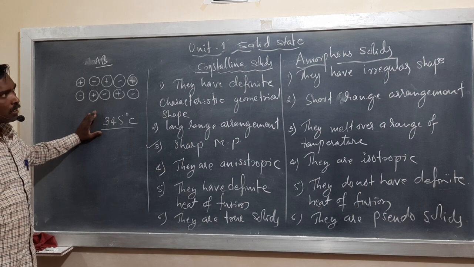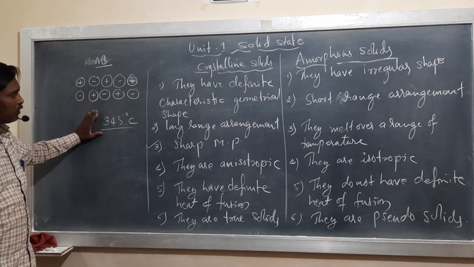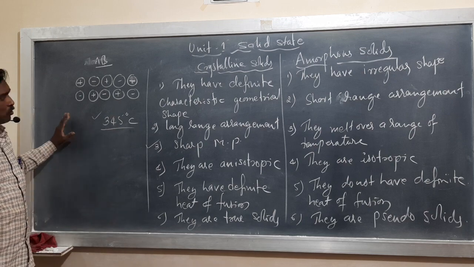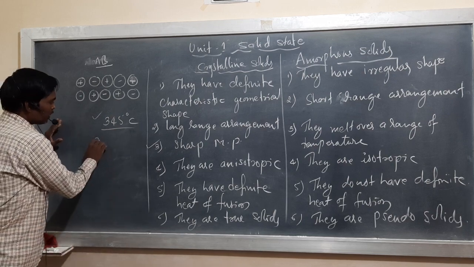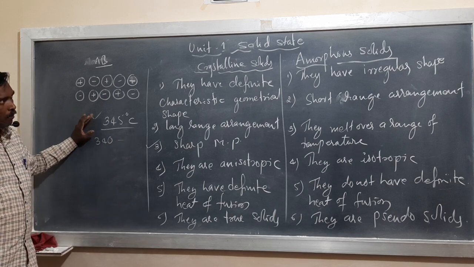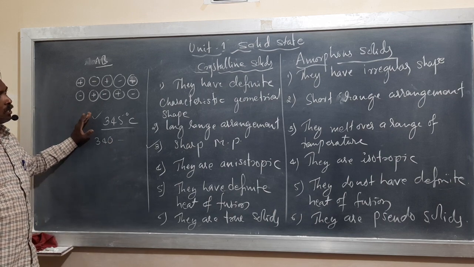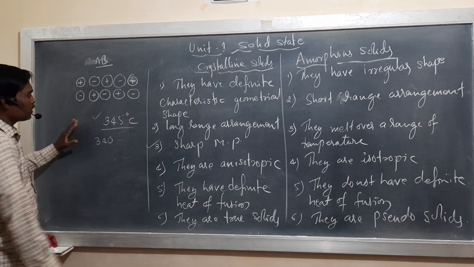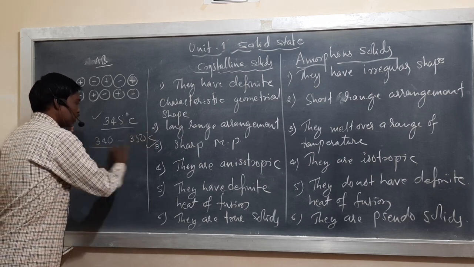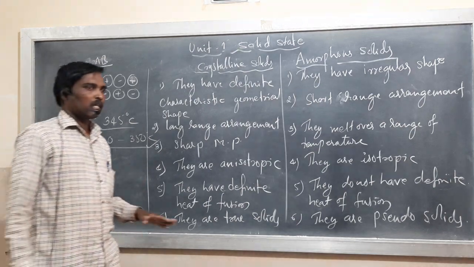Whereas for an amorphous solid, if its melting point is around 345, the solid starts melting at 340 and is completely converted to liquid at 350. That means it melts over a range of temperature, not at a sharp melting point.